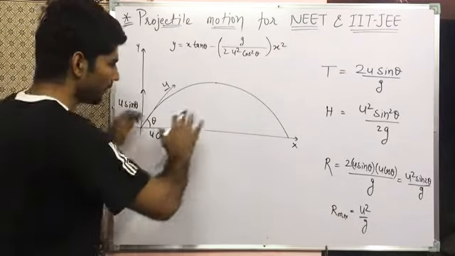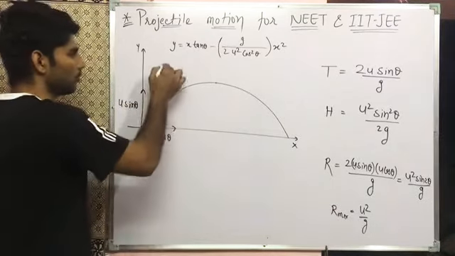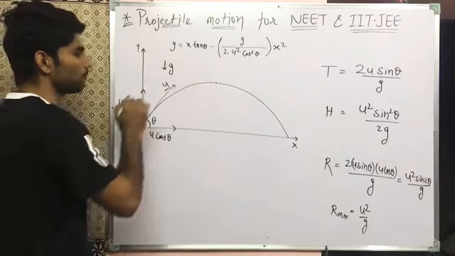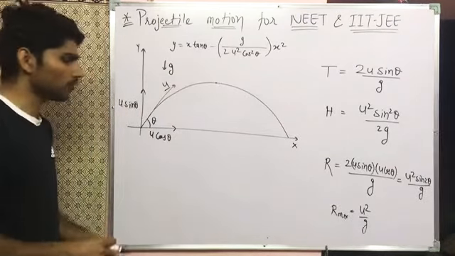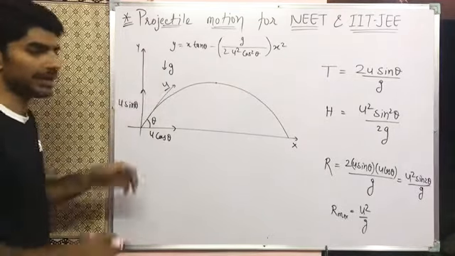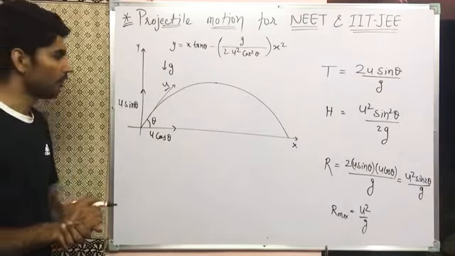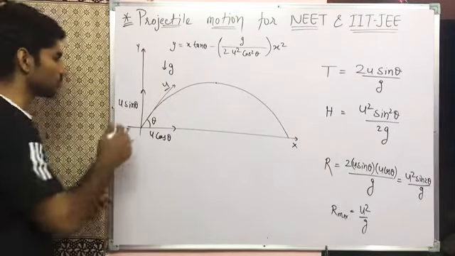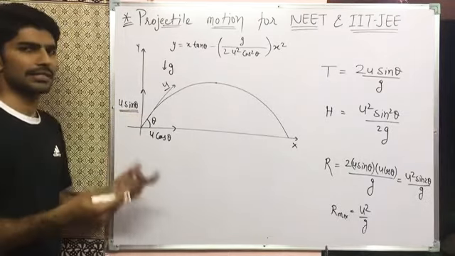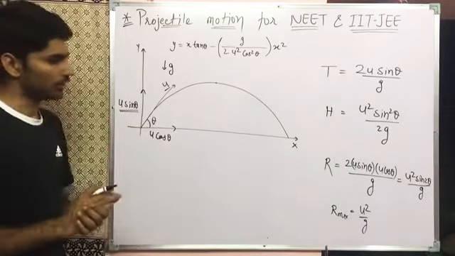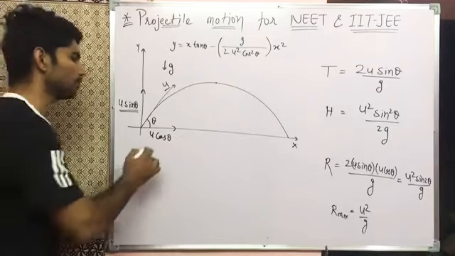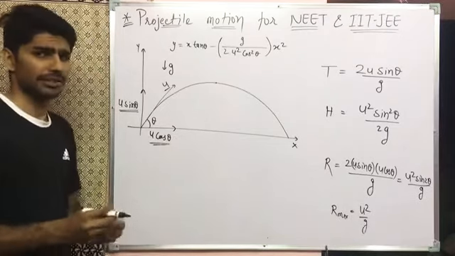In projectile motion we have one force, the force of gravity. This force works only in the downward, vertical direction. So the velocity changes during the complete projectile motion, but u cos theta remains the same at any instant.